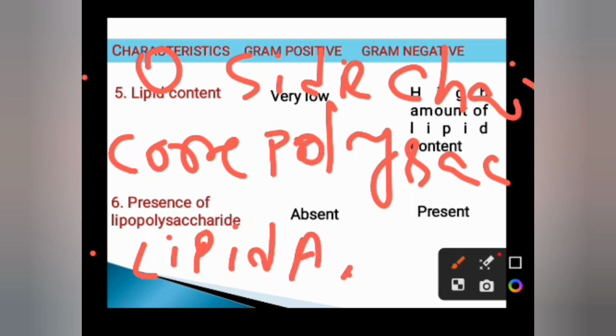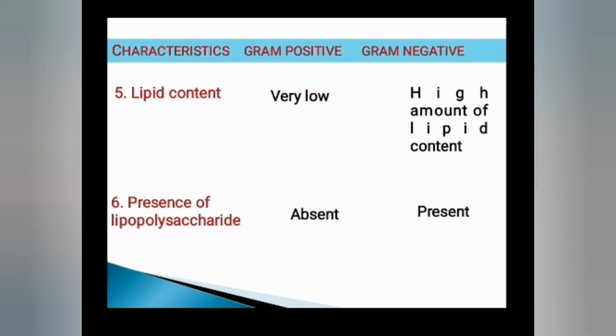Now, as the outer membrane is absent in gram-positive bacteria, the LPS is also absent, because LPS is the unusual constituent of the outer membrane.